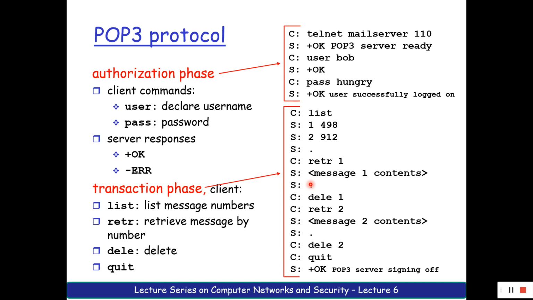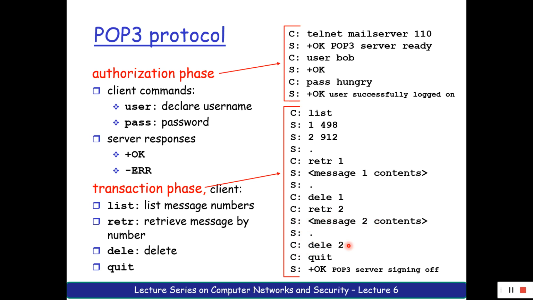After doing that, the client asks to DELE 1, that is delete 1, and the server will delete the first mail. Next, the client asks to retrieve 2. The server sends the second message's contents and ends it with a dot mark.